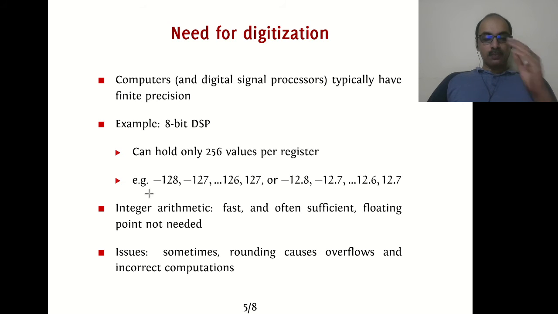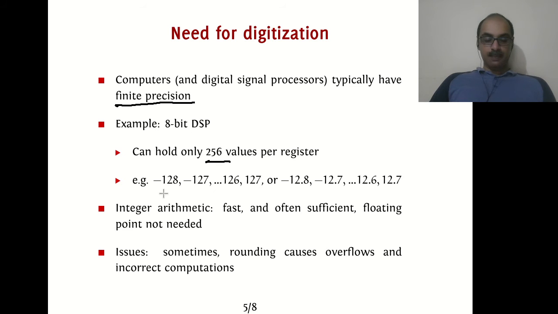So why do we need to restrict the values which x[n] can take? The reason is that computers and digital signal processors, which are specific processors used to perform digital signal processing applications, typically have finite precision, meaning that they can hold only finite precision numbers and not arbitrary precision. For example, if you have an 8-bit DSP, it can hold only 256 values in its memory locations and registers.